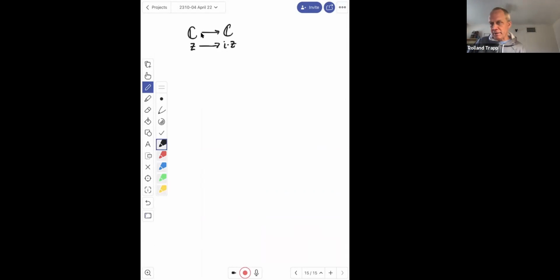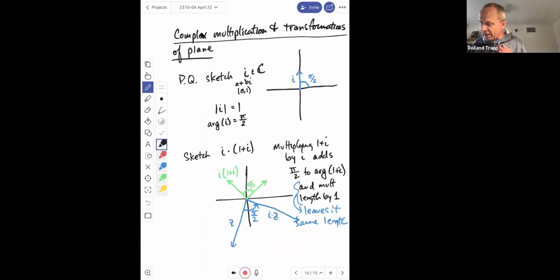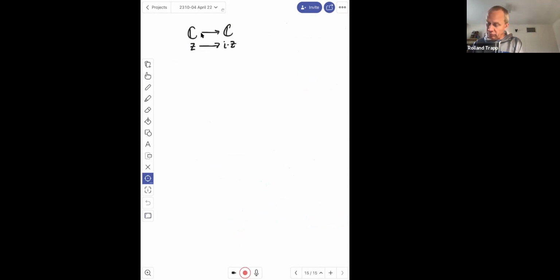What is that transformation? How can you describe what it does, given these two examples? Well, it keeps it the same length, but it rotates it by pi over 2.